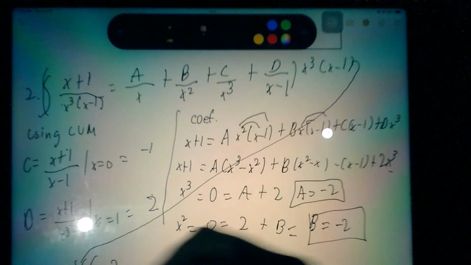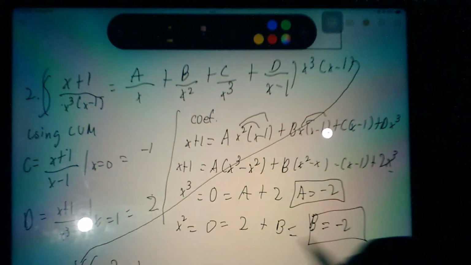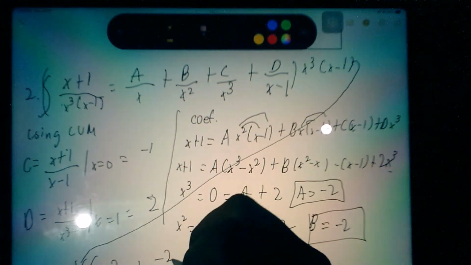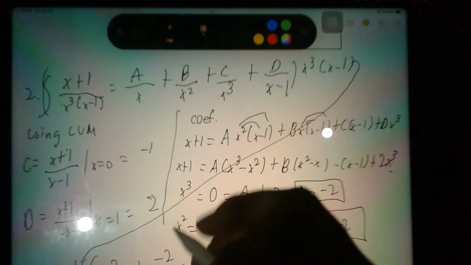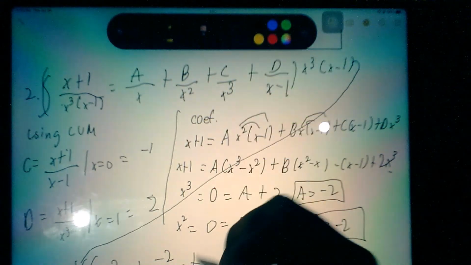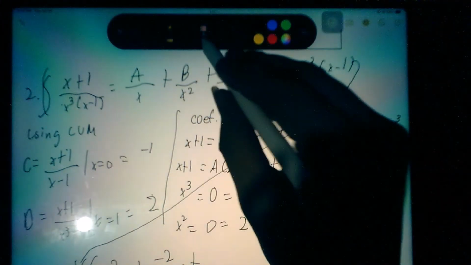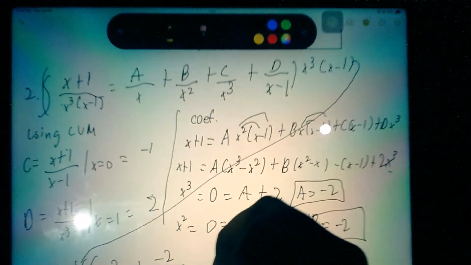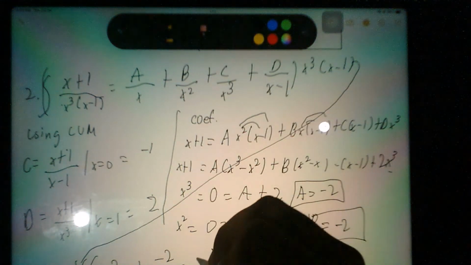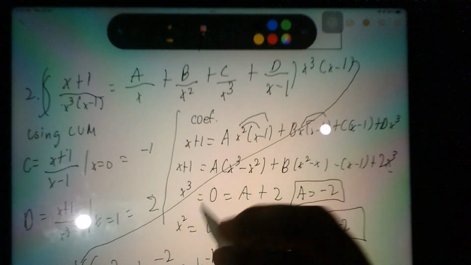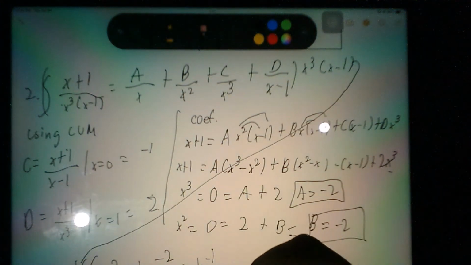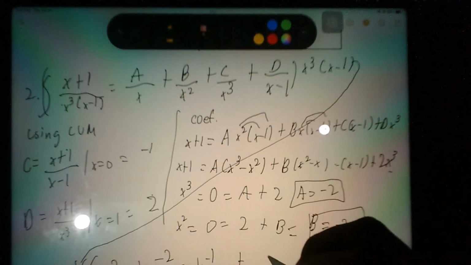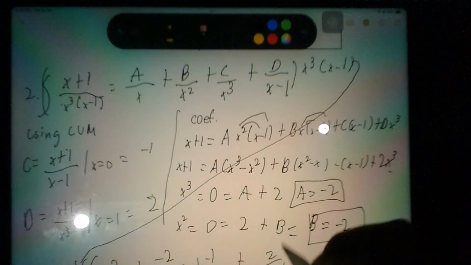Now we are ready to integrate, plus b here is negative 2 over x squared, plus c here is negative 1, so it's just minus 1 over x cubed, plus d here is 2 over x minus 1.